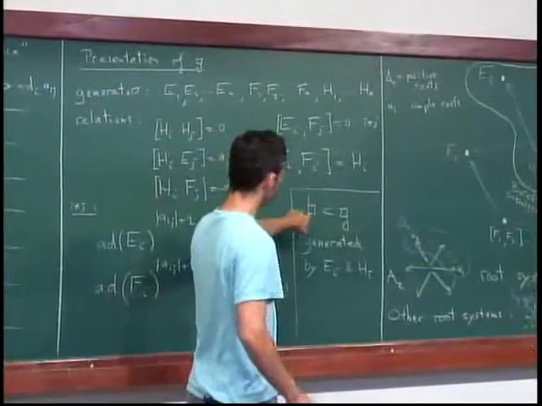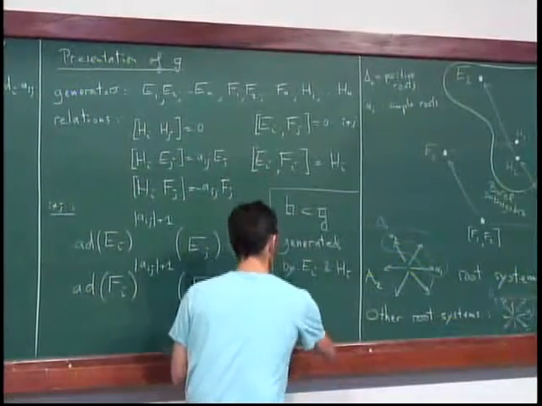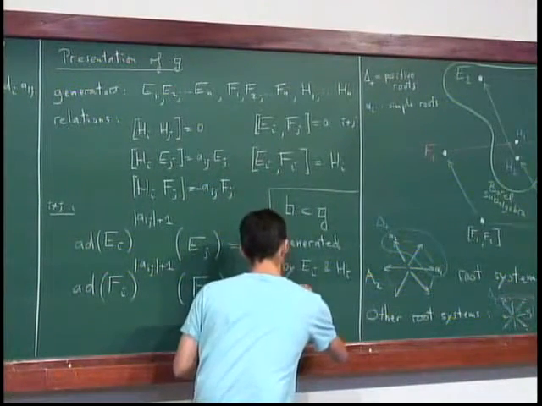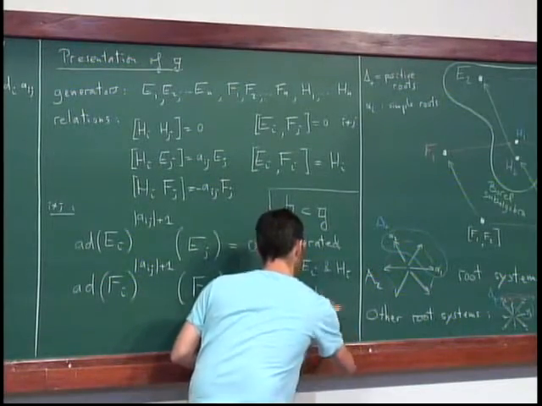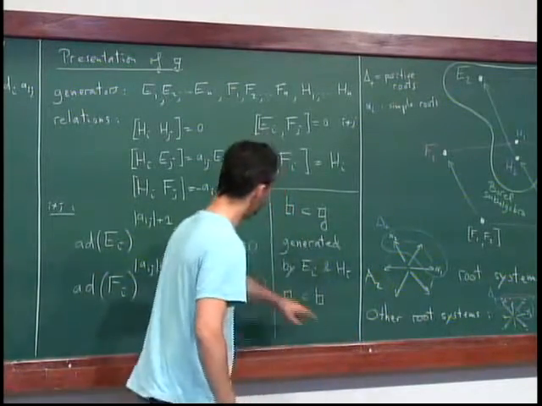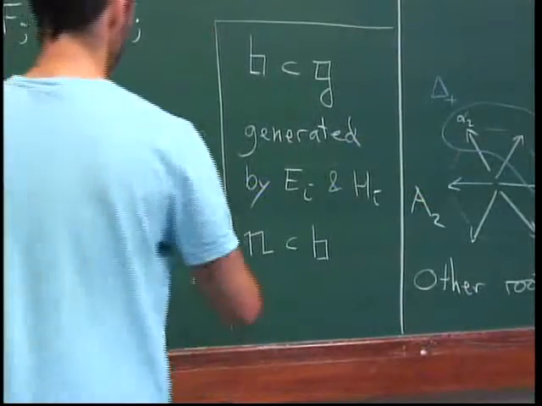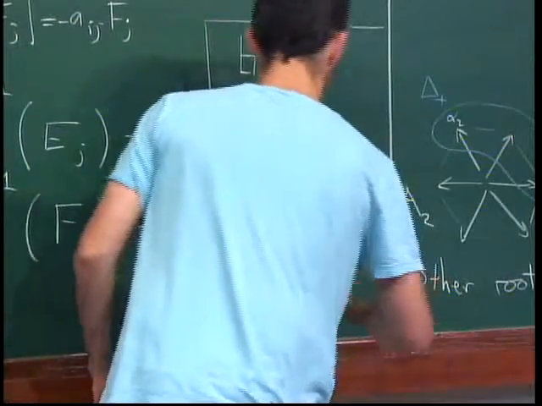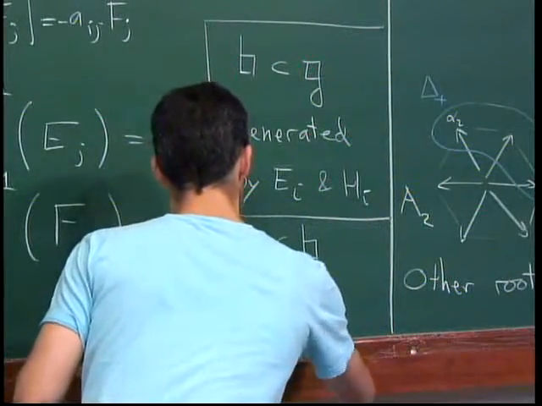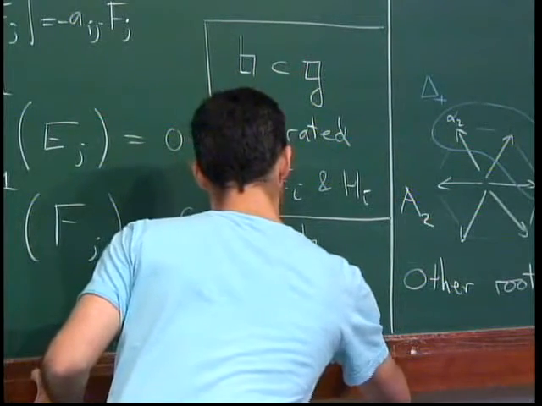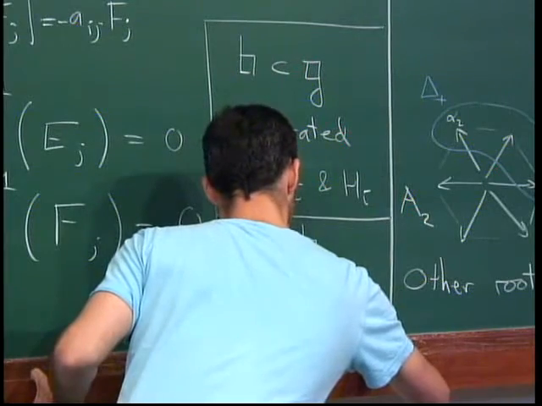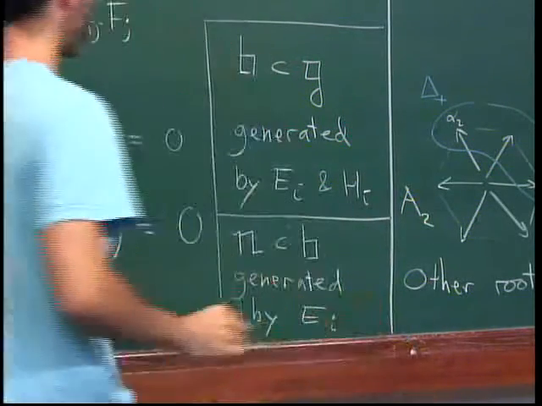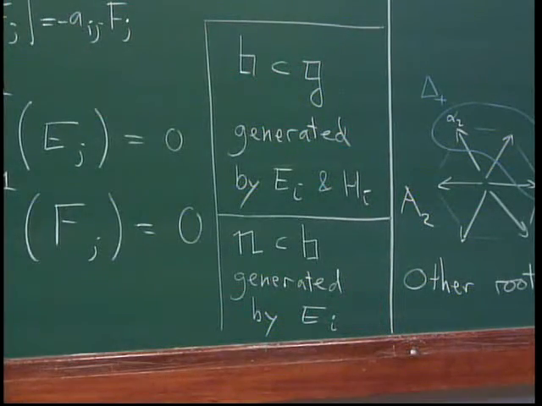There's also a smaller subalgebra, which is called N, which lives inside B, N for nilpotent, generated just by the EIs, without the HIs.